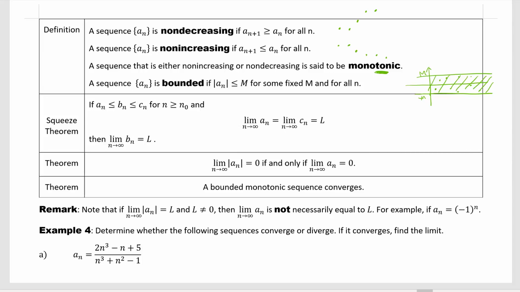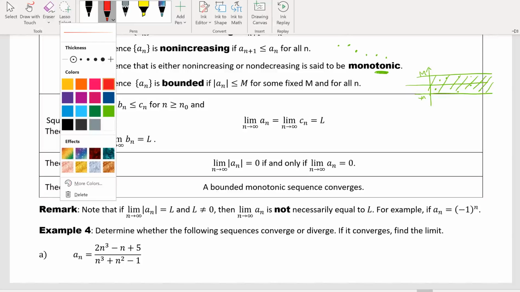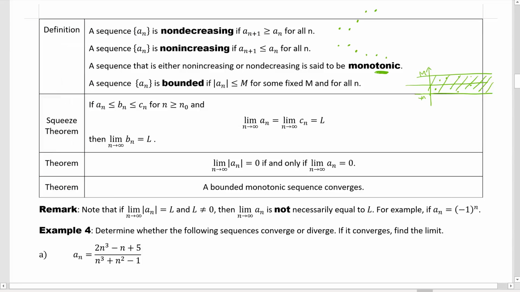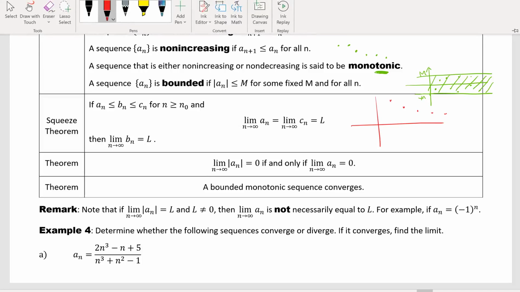Okay, and we also have the squeeze theorem, or sandwich theorem. So you have three sequences. Let's change to a different color. This is one of the sequences, and then we have another sequence.